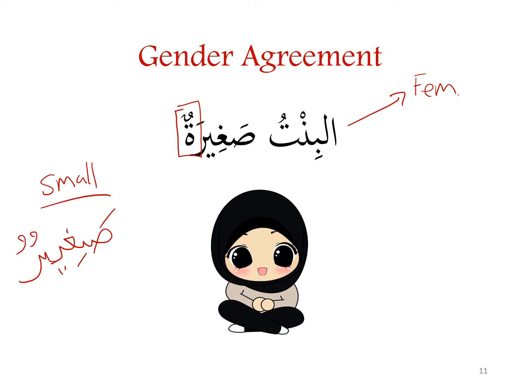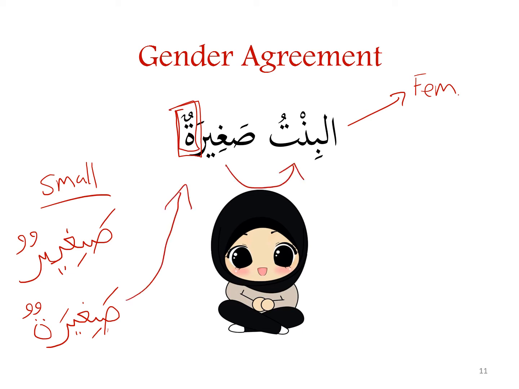Saghirun or saghiratun. Both mean small. In this case, we've chosen to use the feminine version, so this one here, so that we can gender match with the noun that we're describing here.